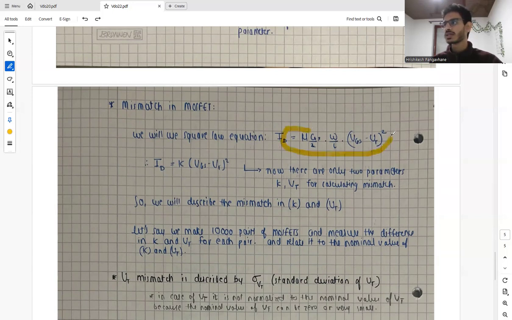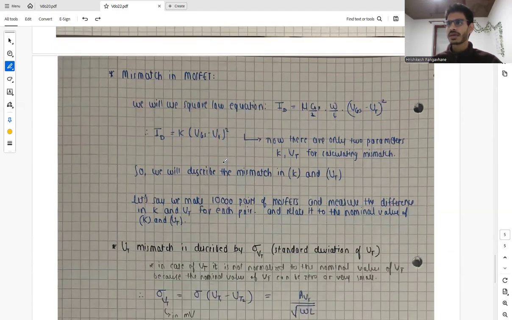ID is basically a constant quantity, which we can denote by K, times (VGS minus VT) squared. Now there are only two parameters, K and VT, for calculating the mismatch. So we will describe this mismatch in terms of K and VT.